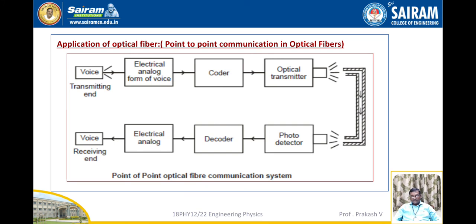The optical signal is detected by a photodetector, and finally sent to a decoder, which converts it back into an electrical analog signal, and finally it is converted back into voice at the receiving end. This is the schematic diagram of a point-to-point communication system.